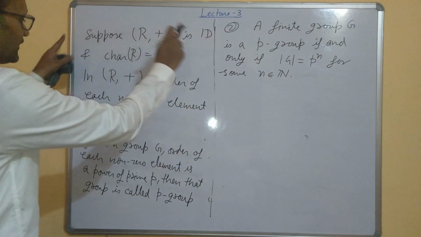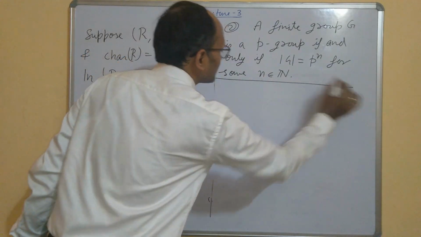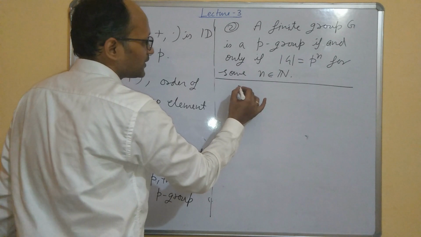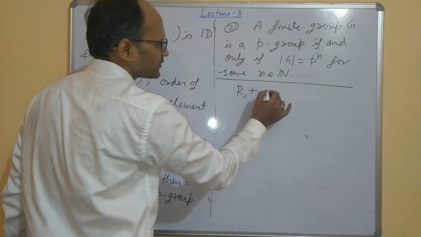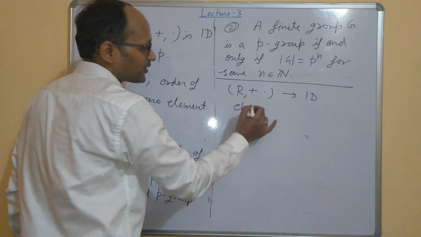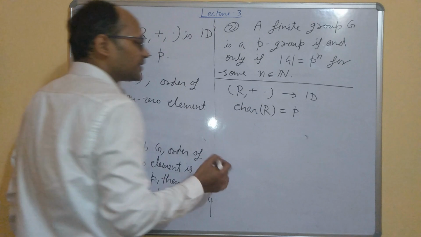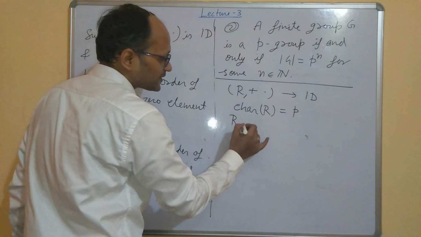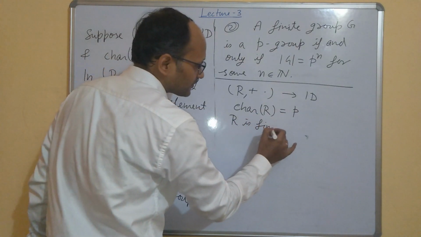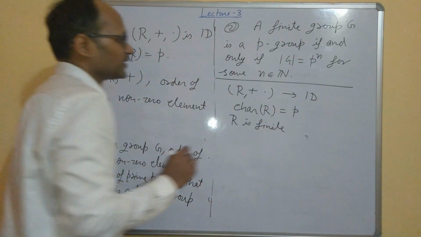Okay, now apply it here in this setting. So what is our situation? (R, +, ·) is the integral domain, and assume that the characteristic of R is p. Let us further assume that R is finite. So we have a finite integral domain of characteristic p.